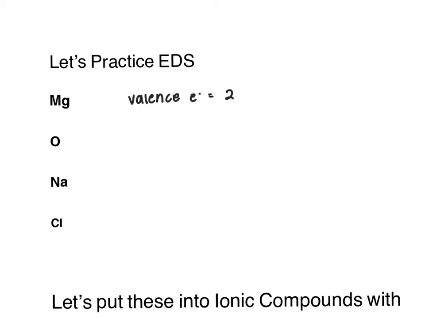Just like using my figure where they gave me 1, 2, 3, 4, 5, 6, 7, 8, I'm going to put 1 and 2. And that is the correct EDS, so I can move on. Now I would like you to try oxygen, sodium, and chlorine, and then unpause this video when you complete that.